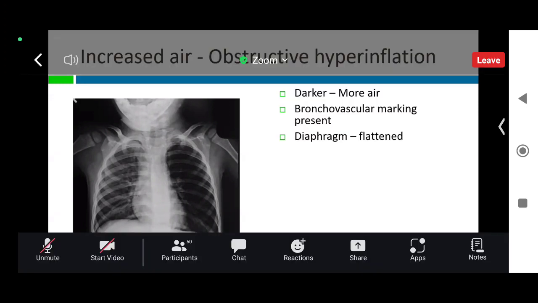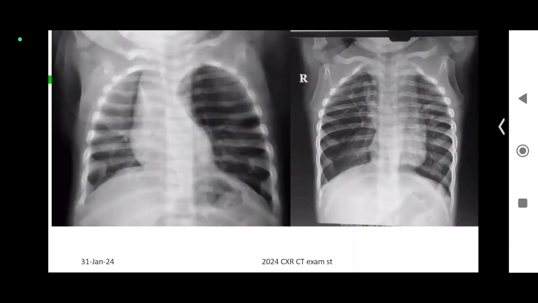Okay. Now, can you do a guesswork on what these two X-rays are? Sir, first one is congenital lobar emphysema, sir. Very good, Akhilesh. Anyone else want to try? Which side, Akhilesh?